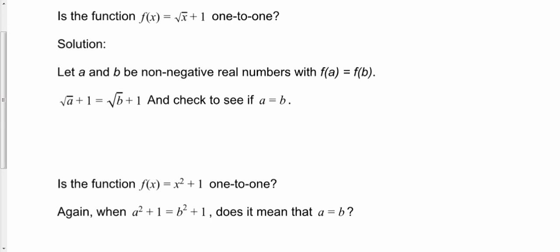We say, let a and b be non-negative real numbers with f of a equal to f of b. I'm applying the definition to my scenario, yes? I am saying, let these two things be equal. Now, what will tell me if this is a one-to-one function?